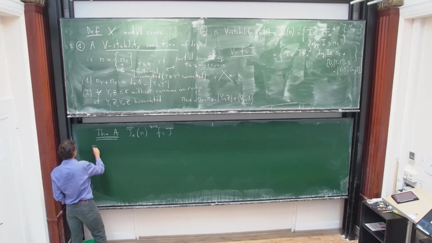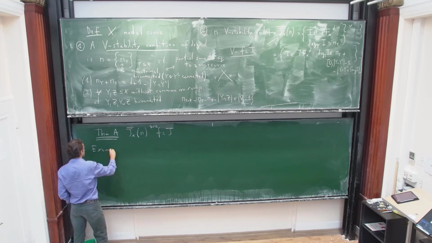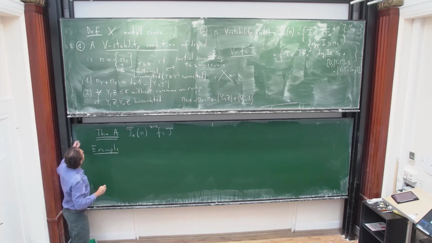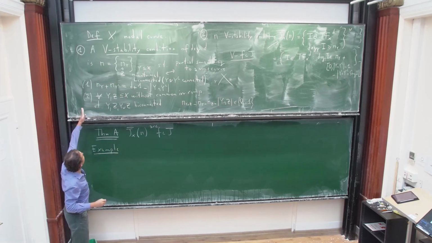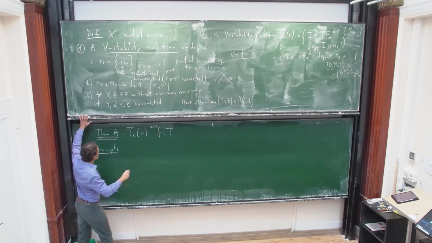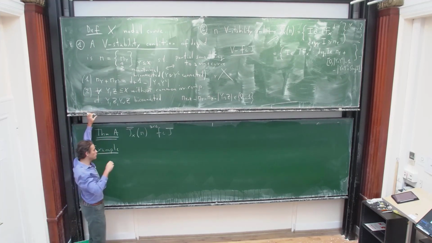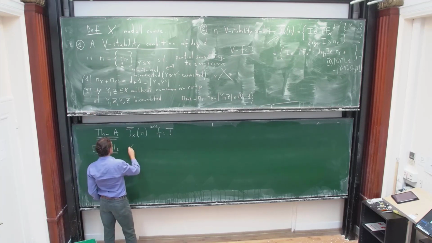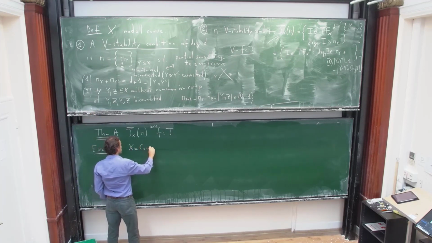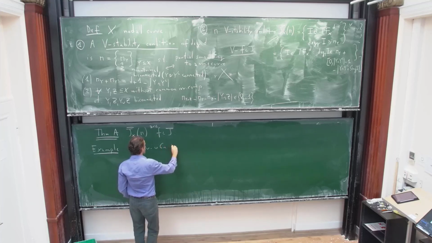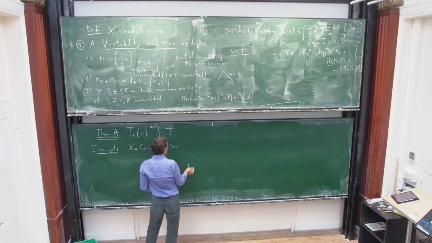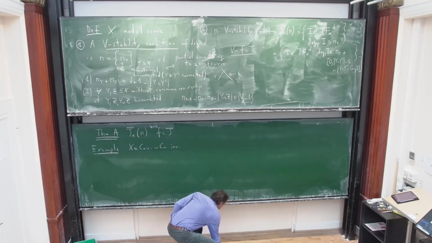Now, an example. There is a standard way of cooking up this stability condition, and this is via general numerical polarizations. Suppose X is a union of n irreducible curves.